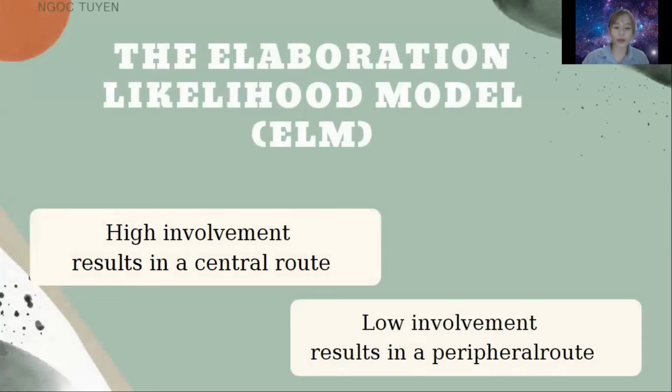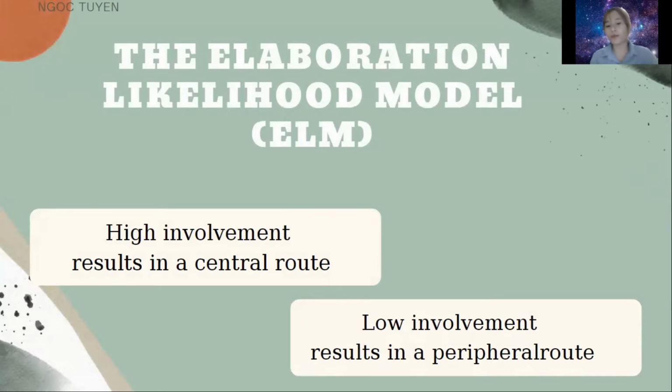Moving to the most important theory of this learning outcome, the elaboration likelihood model. It is a theory about how attitudes form and change under varying conditions of high and low involvement. High involvement results in the central route to attitude change, in which consumers intentionally and consciously absorb those messages and aspects that they believe are significant to a meaningful and logical evaluation of the brand.